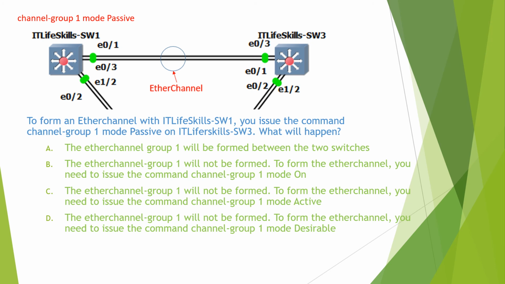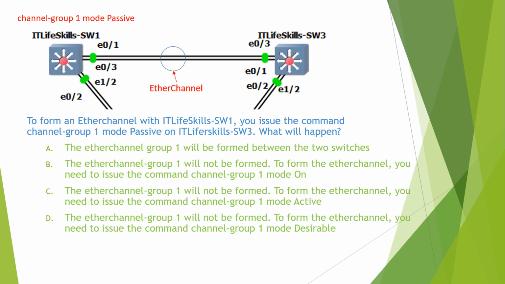First of all, we need to recognize that IT Life Skill Switch 1 has been configured with the command channel-group 1 mode passive. And we know that a switch configured with the passive option only replies to LACP packets, so it only forms an EtherChannel if it receives LACP packets.